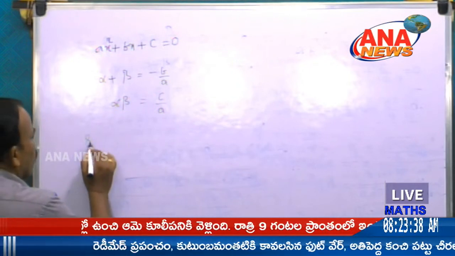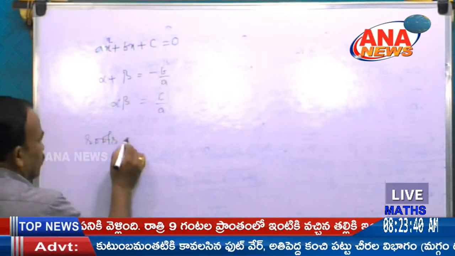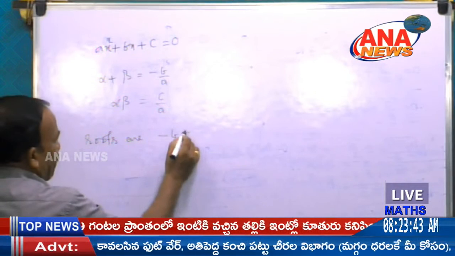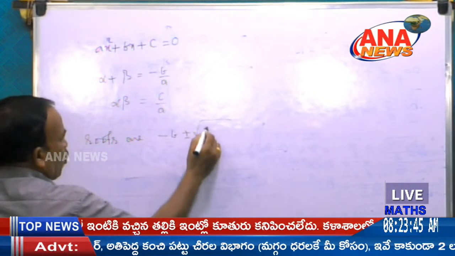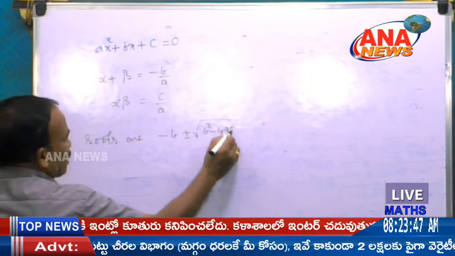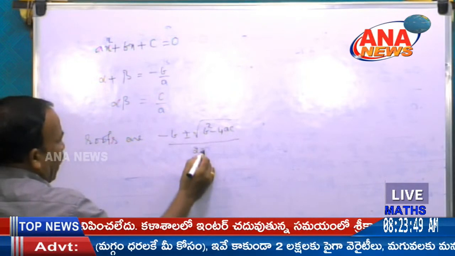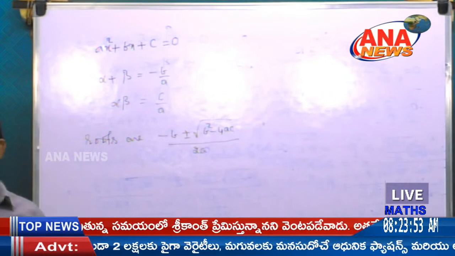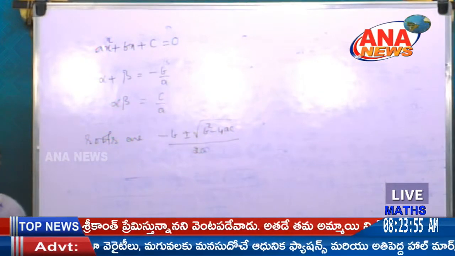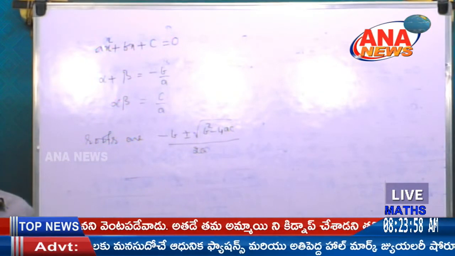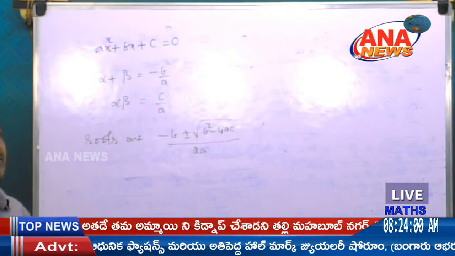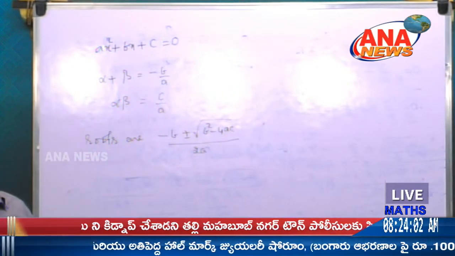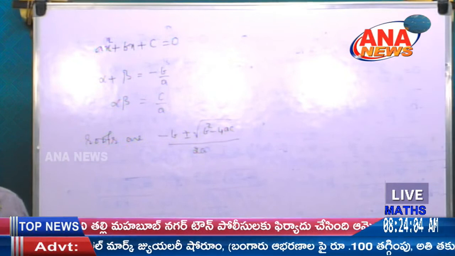What are the roots? The roots are minus b plus or minus root over b square minus 4ac by 2a. These are the roots of the quadratic equation.